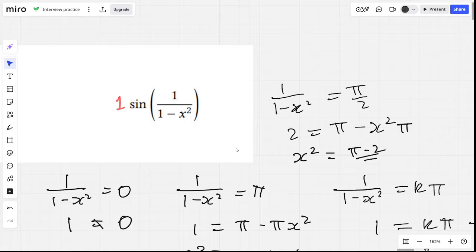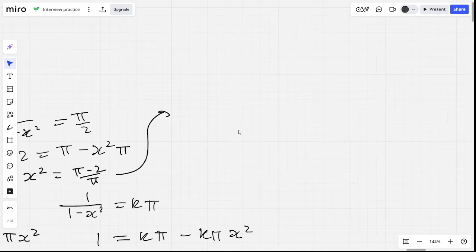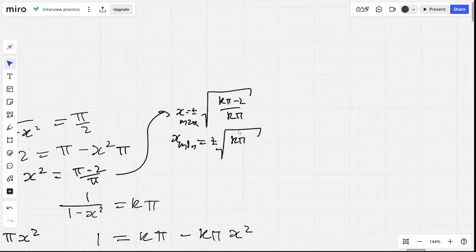Ah, nice. So actually, all my maximums are going to be when x is plus minus the square root of k pi minus 2 over k pi, and assume my minimums are going to be, I mean, I have 3 pi, so 3k pi minus 2 over 3k pi.